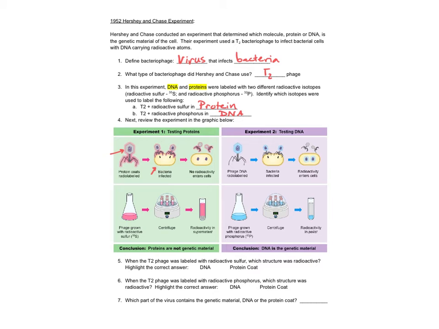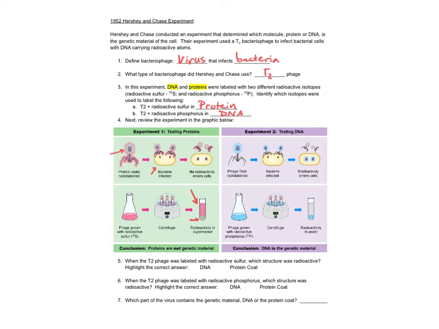What they discovered is that the radioactivity, which was contained in the protein coats of the virus, all stayed in the liquid on the top called the supernate. And the bacteria cells, which are more dense, all ended up at the bottom of the test tube, and that did not contain any radioactive particles. And so they discovered that the radioactive sulfur with the proteins did not enter the bacteria cells.